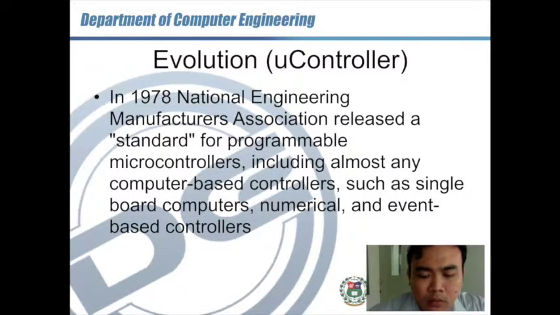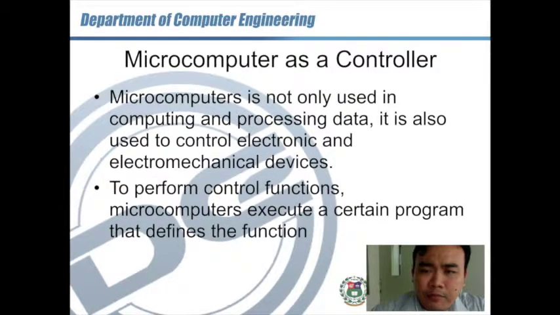Now, the microcomputer has changed its role from simply doing, let's say, processing applications and of course computational roles. The microcomputer also evolved into the microcontroller, the controller, because it can control electronic and electromechanical devices.